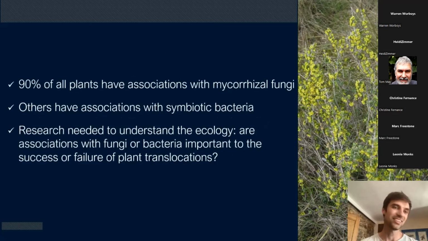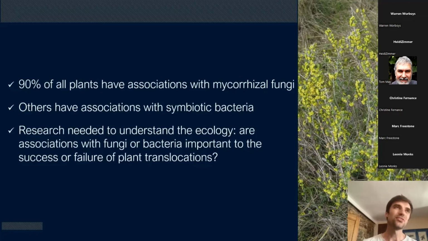But we know that actually 90% of all plants have associations with mycorrhizal fungi, or others have associations with symbiotic bacteria, and they associate with these fungi and bacteria for a reason, right? Because they might help the plants to survive periods of environmental stress like droughts or floods, or give the plants some competitive advantage that enables them to hold their own in the environment, or confer some disease resistance or something like that.